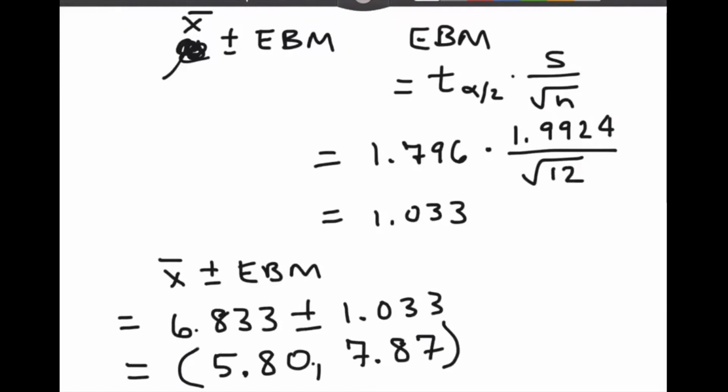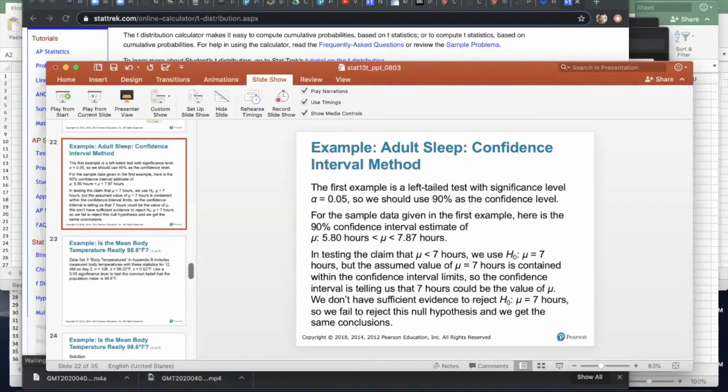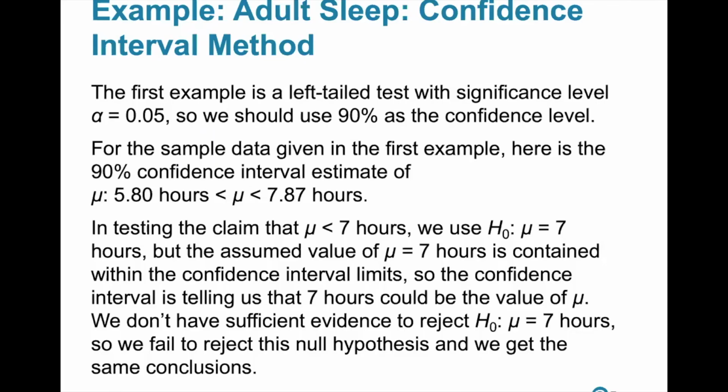So that's how they got this confidence interval. So the interpretation of that is that we are 90% confident that the true population mean is in the interval between 5.8 and 7.87 hours.